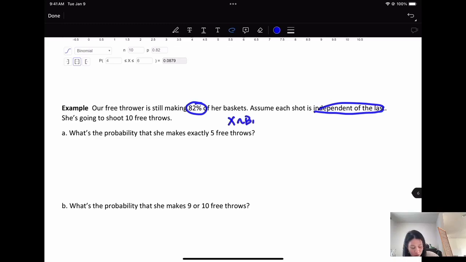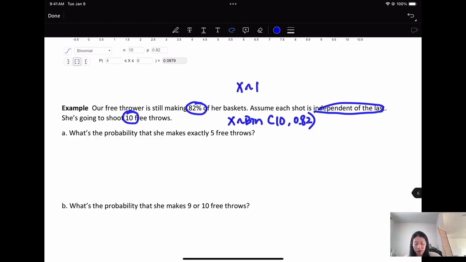So for the binomial distribution, we have n, how many trials she's making, 10. And the probability of success is 82%. So here is the setup of the distribution. I want you to write that for each question, because later X, the random variable, will have a different distribution.